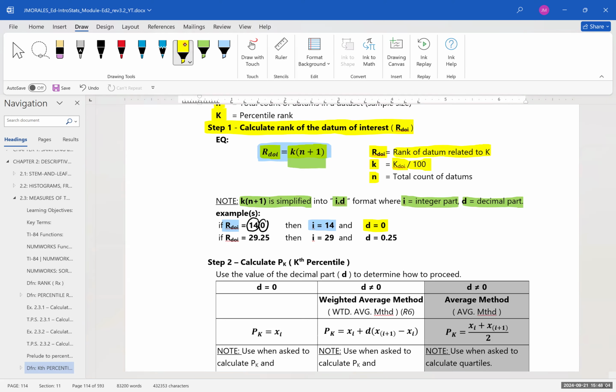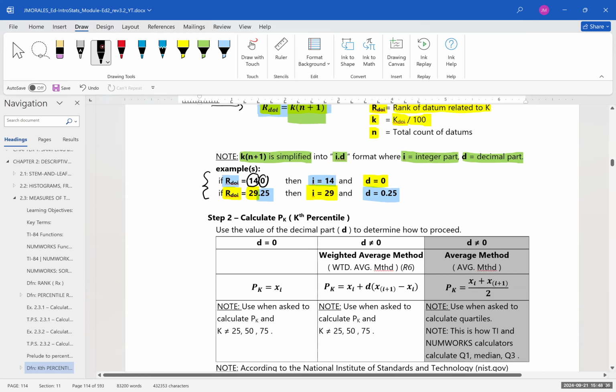In another example, if we had calculated the rank of our datum of interest to be 29.25, then the integer part would be 29, and the decimal part would be 0.25. All right, so this is the formula that you want to use and the outcome from that formula that you want to carry into step 2.